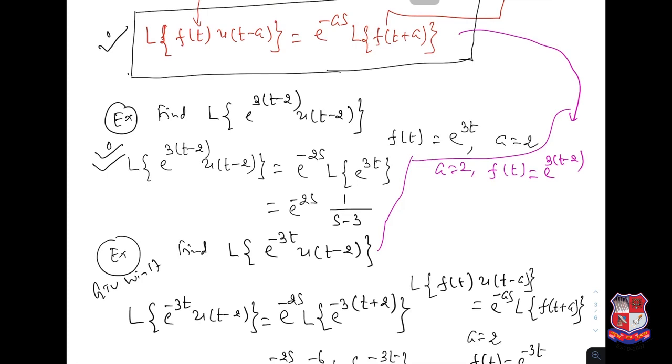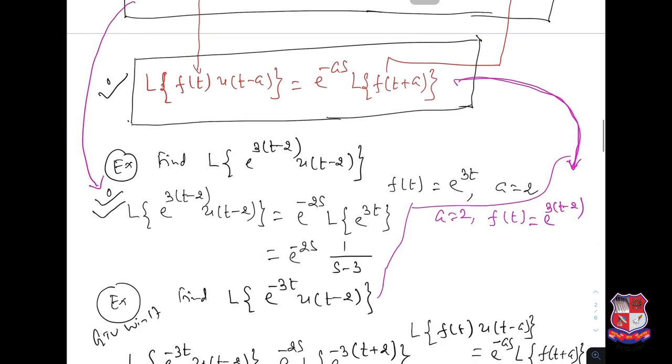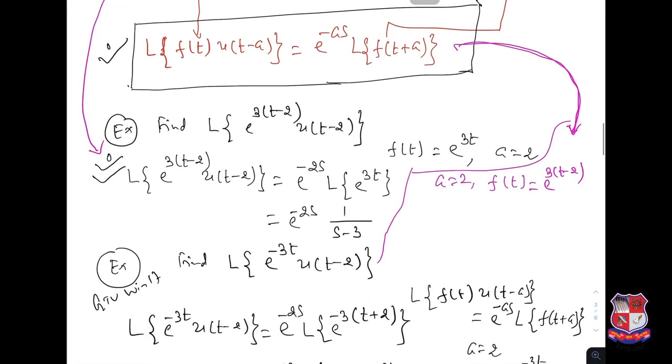We are using this format, okay, and here we have solved by this format. Both are the same, but let us remember only one, so that you are able to solve all the examples with the same format. So then what is the formula? Equal to e to the power minus 2s Laplace transformation of t plus a.